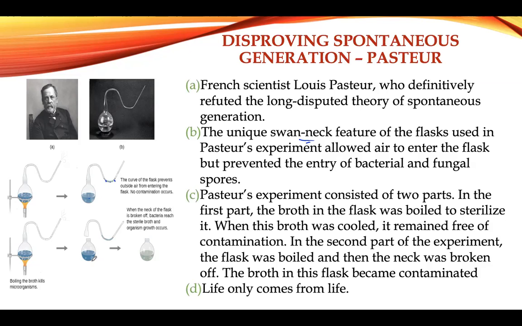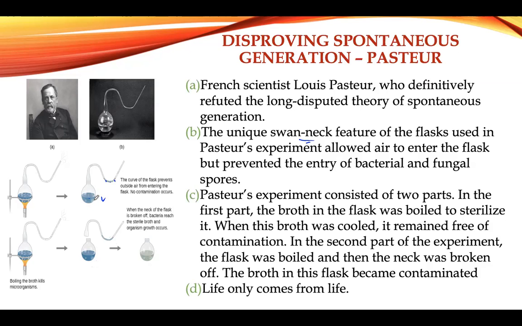In the second set of experiment, with the same swan neck, he took the same broth, he boiled it, but he cut the neck. So there were two flasks, one flask with that swan neck and this one without the neck. After some period of time, he noticed that the broth inside the swan neck flask had no contamination.